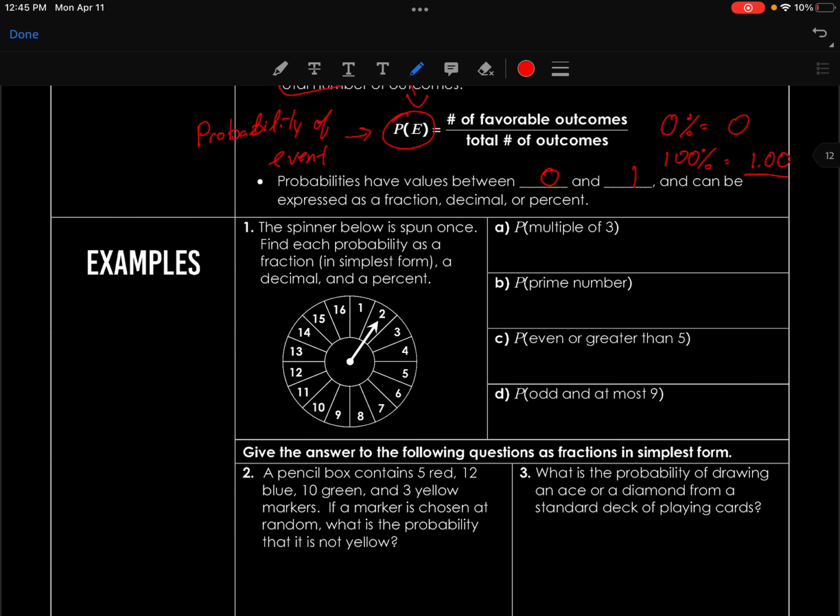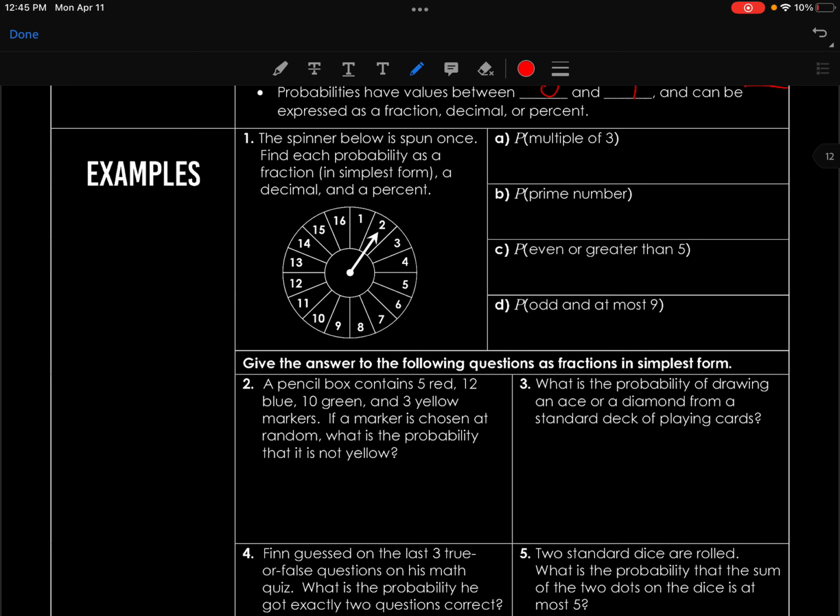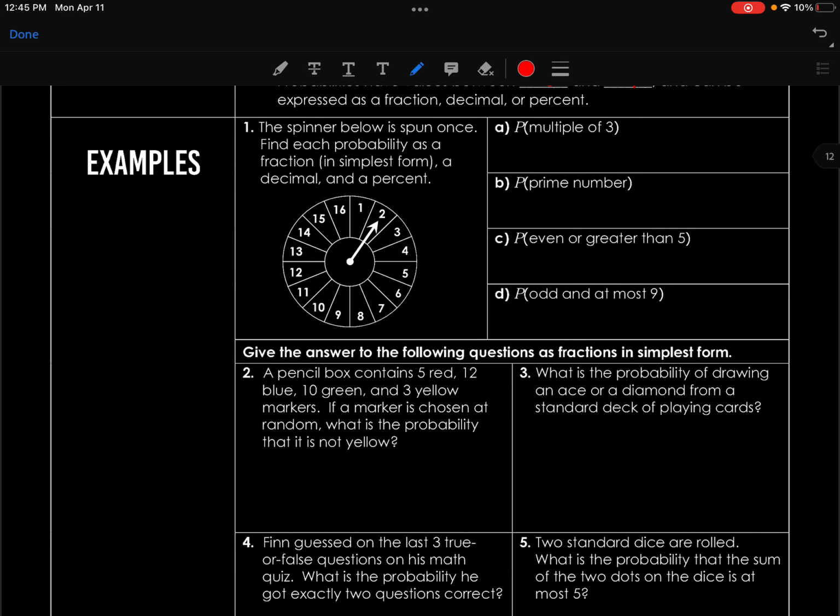So let's do some examples. The spinner below is spun once. Find each probability as a fraction, a decimal, and a percent. Just do a fraction. So probability of an event occurring where it lands on a multiple of 3. Well, let's check for the multiples of 3. It's going to be 3, 6, 9, 12, and 15.